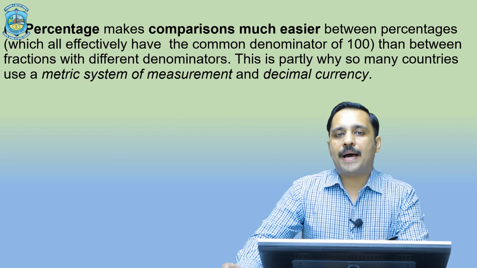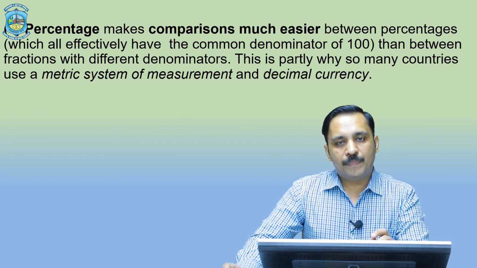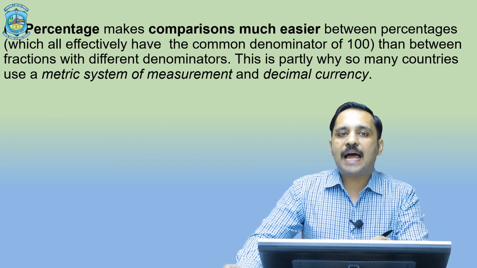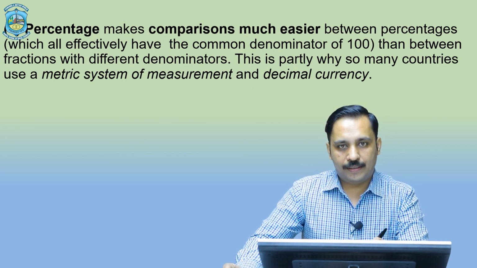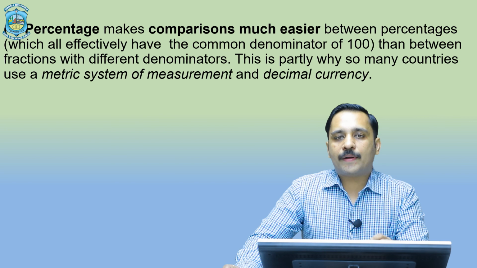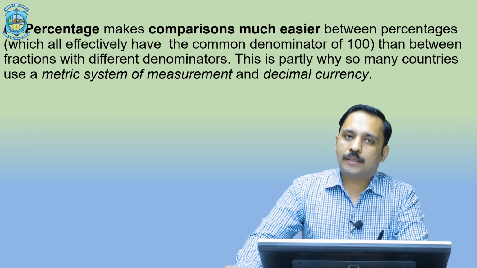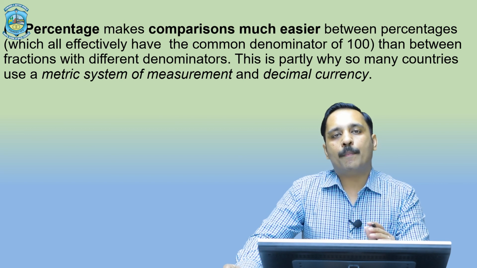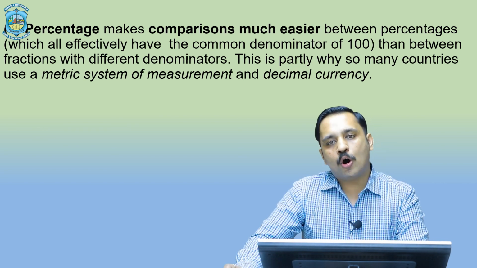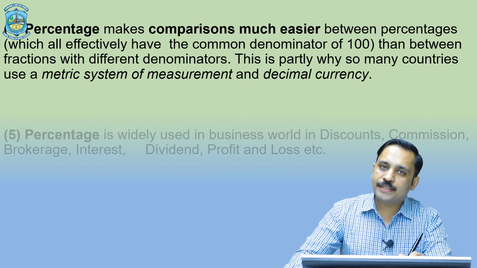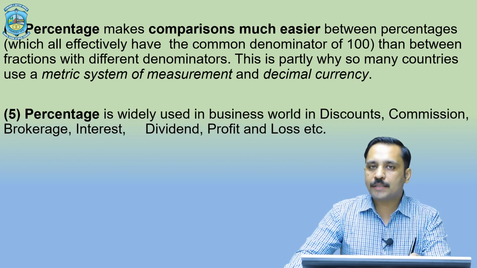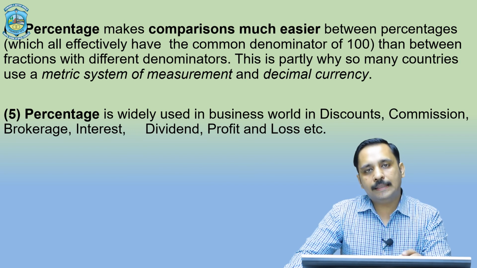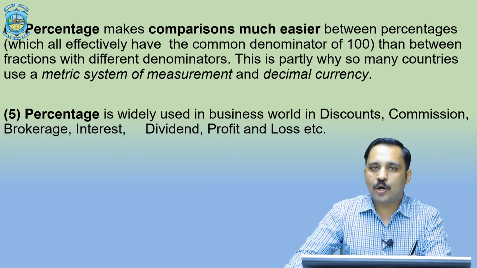Percentage makes comparison much easier between different percentages which all effectively have the common denominator as 100 than fractions with different denominators. This is partly why so many countries use a metric system of measurement and also a decimal currency. Percentages are widely used in business world in terms of discounts, commission, brokerage, interests, dividend, profit and loss, etc.